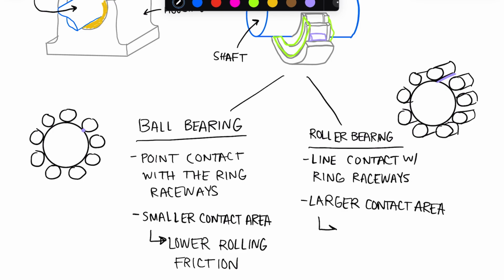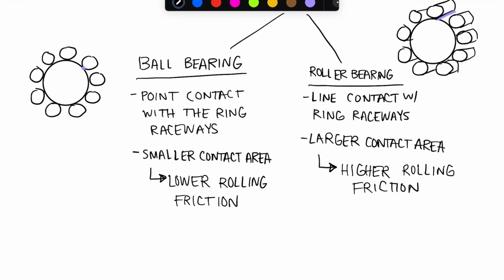And for the larger contact area, of course, you get a higher rolling friction. Okay, now that means for the ball bearing, we can achieve higher speeds.